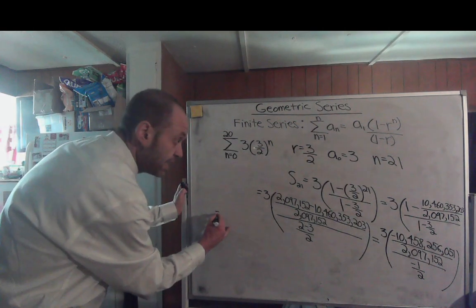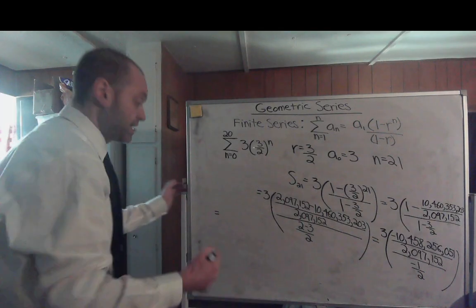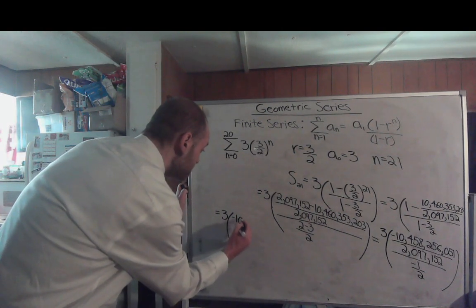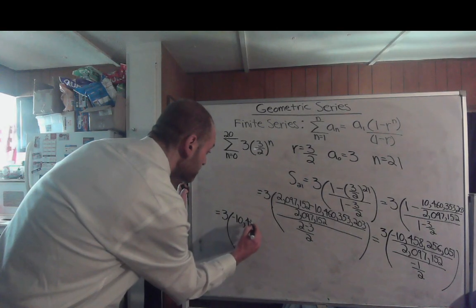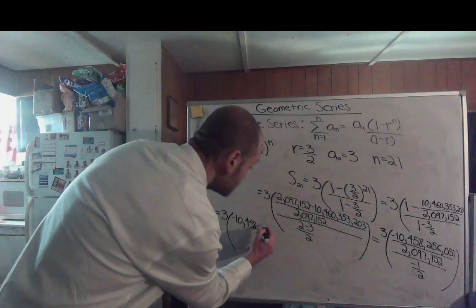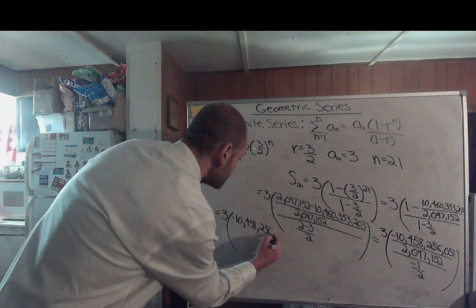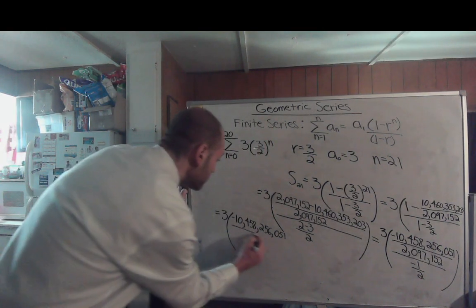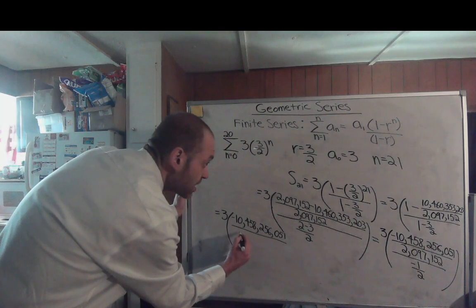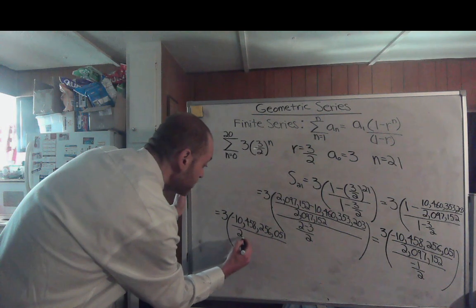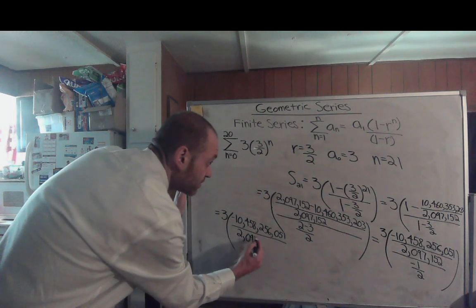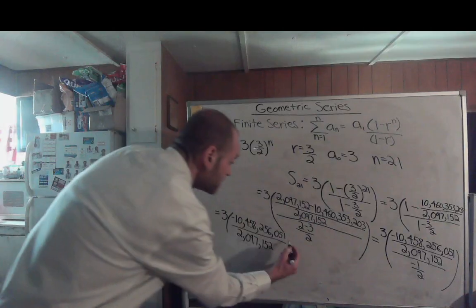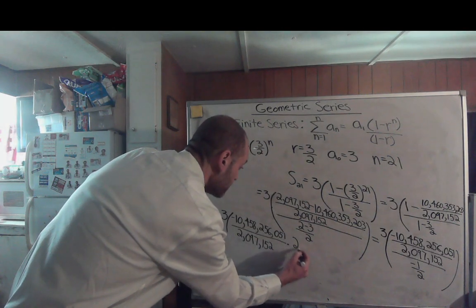Let's see what we get now. We're going to have to invert and multiply, so you'll have 3 times that negative 10,458,256,051 all over that 2,097,152 times 2 over negative 1.